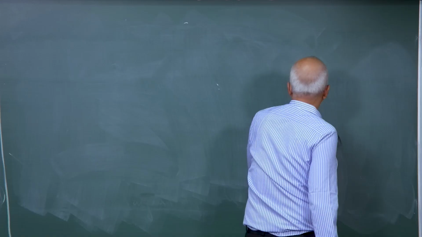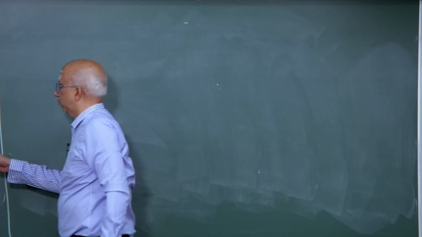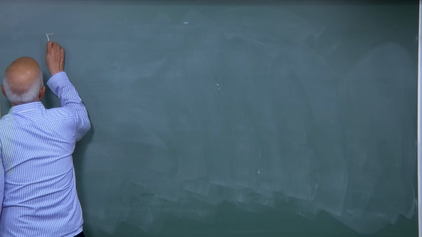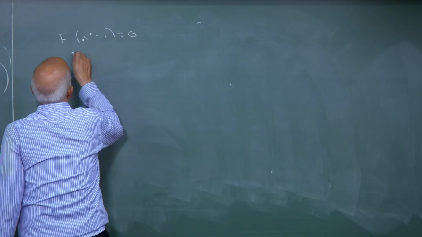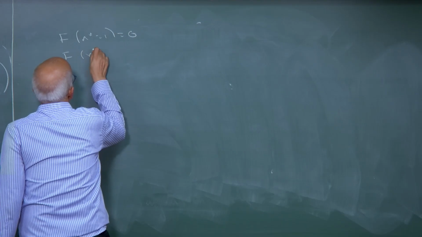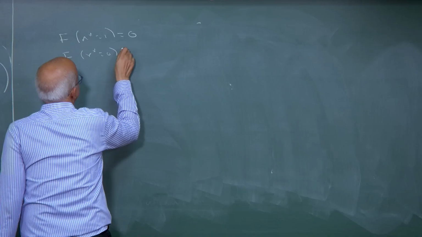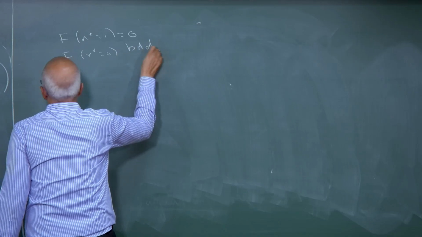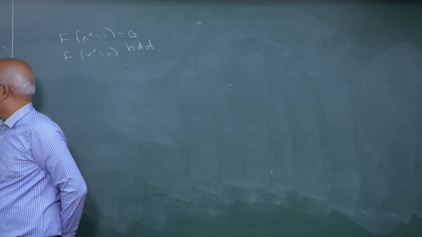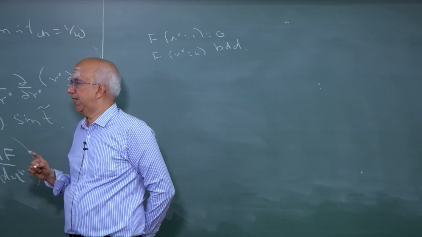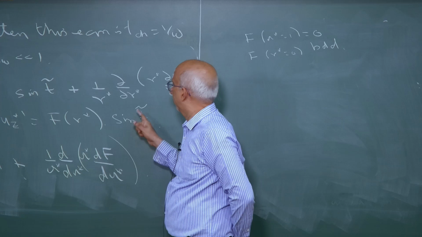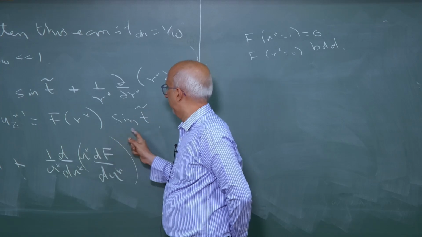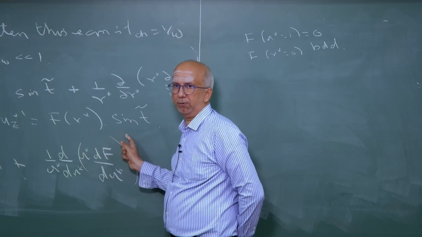Okay. What are the boundary conditions I have to solve this subject to? F at r star equal to 1 is 0 and f at r star equal to 0 is bounded. So, basically what this means is, in the limit of r omega very much less than 1, my velocity can be of this form.